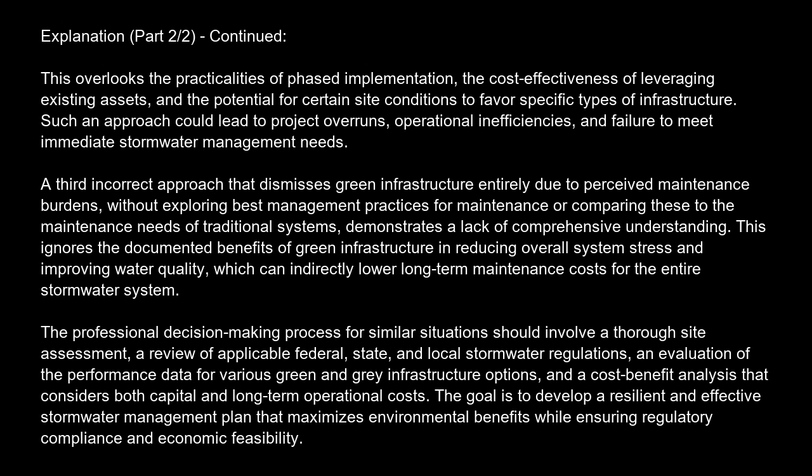The professional decision-making process for similar situations should involve a thorough site assessment, a review of applicable federal, state, and local stormwater regulations, an evaluation of the performance data for various green and gray infrastructure options, and a cost-benefit analysis that considers both capital and long-term operational costs.